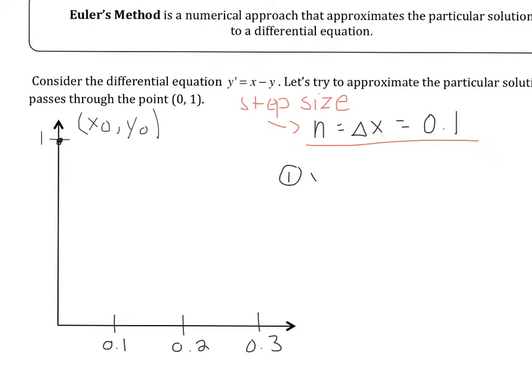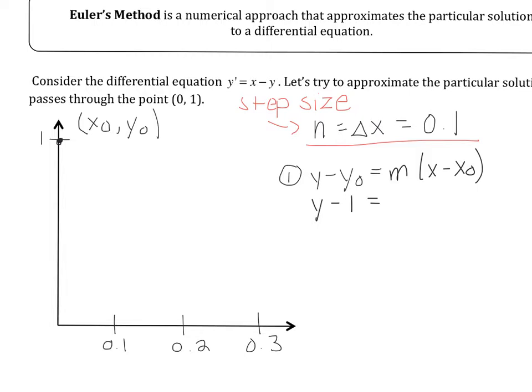So it's going to look like this: y minus y0 equals m times x minus x0. Let's fill in what we have. We know that y0 is 1. Our slope we will be able to calculate. In fact, let me just do that down here.